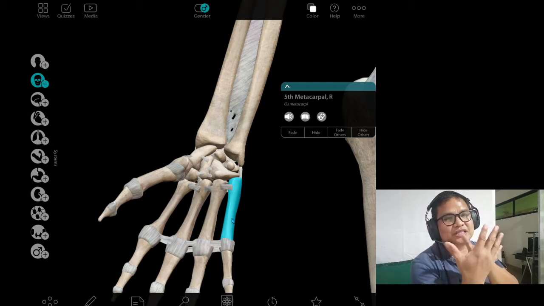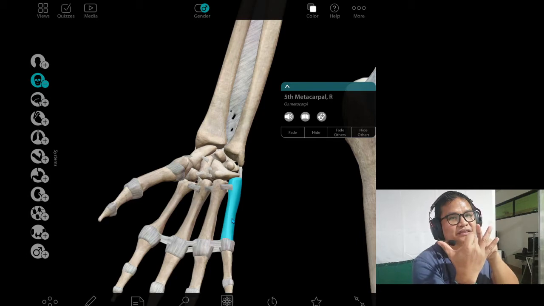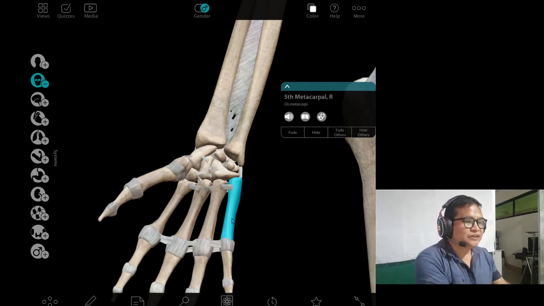You have your scared for the scaphoid, lovers for the lunate, tried for the triquetral, position for pisiform. So you have scared, lovers, tried, position. Then you have your trapezium, trapezoid, capitate, and hamate. Okay, so it's easy to memorize.